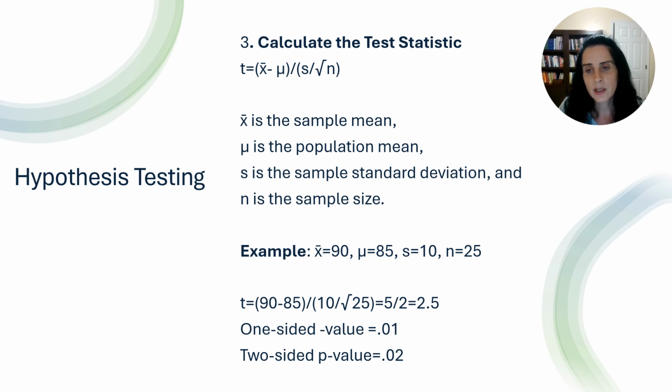These results indicate that if the null hypothesis is true, which means if mu is equal to 85, there is only a 1% chance of obtaining a sample mean of 90 with a one-sided alternative hypothesis, and a 2% chance of obtaining a sample mean of 90 when the alternative hypothesis is two-sided.